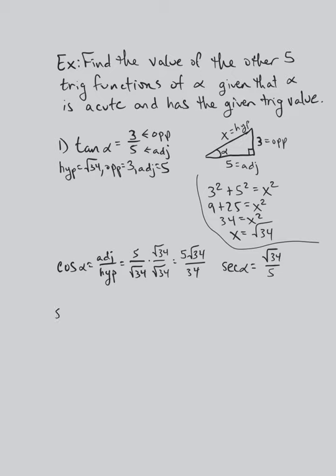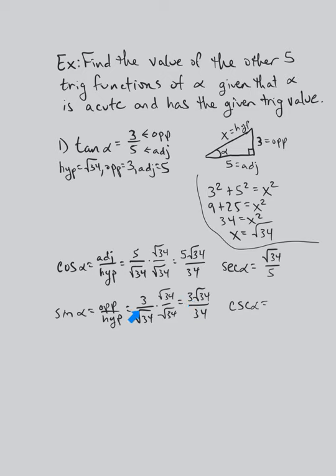And then the sine of alpha is going to be the opposite over the hypotenuse. The opposite is 3, and the hypotenuse is the square root of 34. Again, I'm going to rationalize. Hopefully it's been getting a little bit repetitive already, how to rationalize, I mean. To get to its reciprocal, the cosecant, you can take the reciprocal of this, but you're going to have to rationalize and reduce.